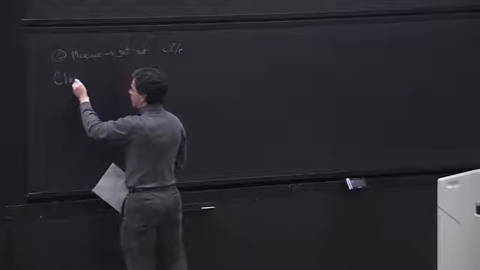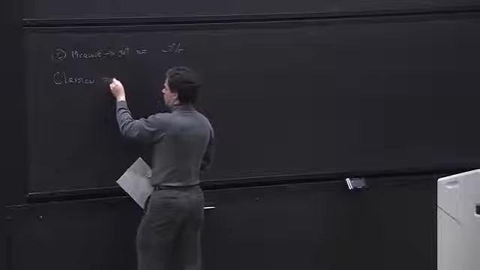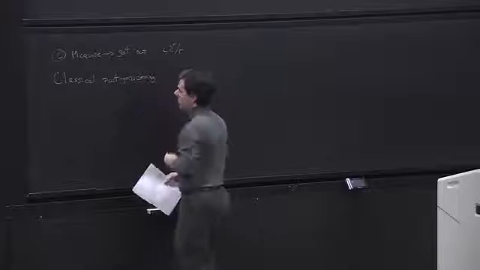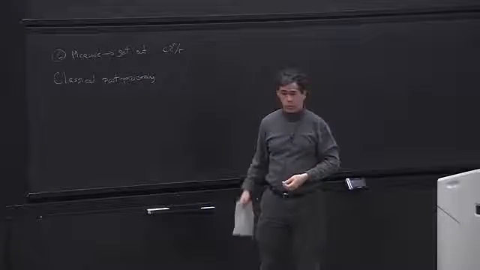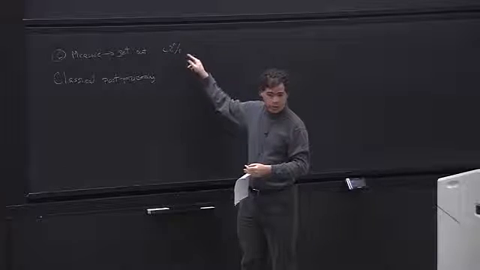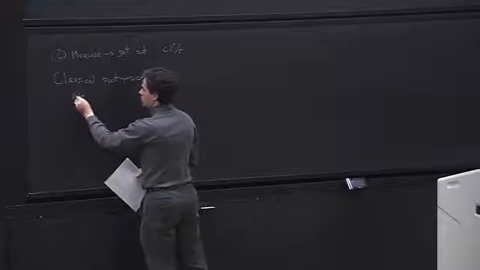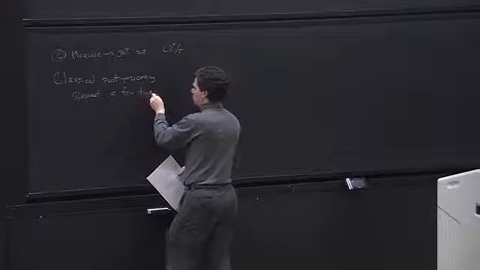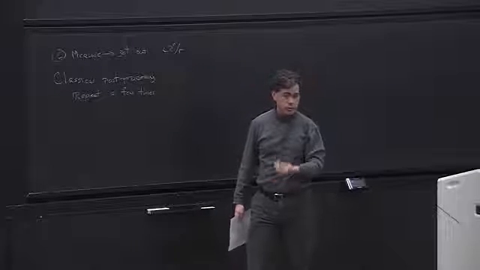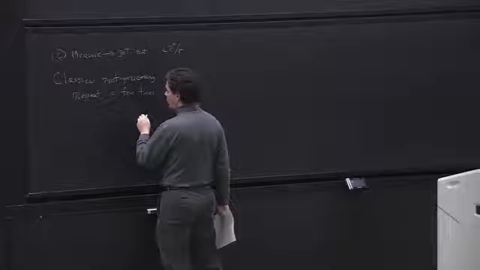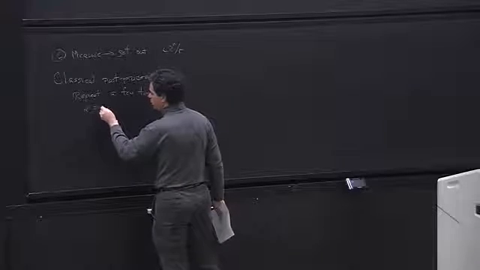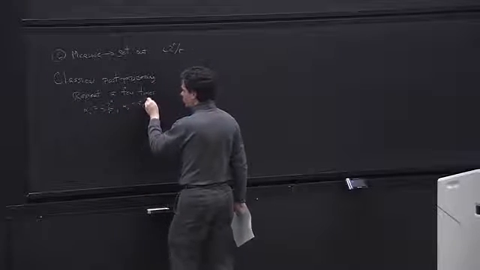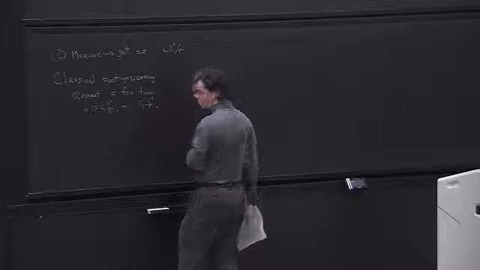So the classical post-processing is to do this a couple of times. Because we have some multiple of 2 to the n over r, not exactly 2 to the n over r. And now we have different multiples of 2 to the n over r. And so we have alpha 1 equal to c1 times 2 to the n over r, alpha 2 equal to c2 times 2 to the n over r, and so on.